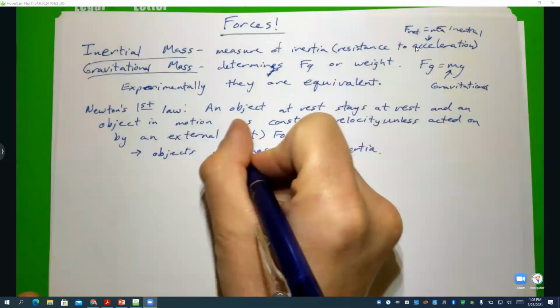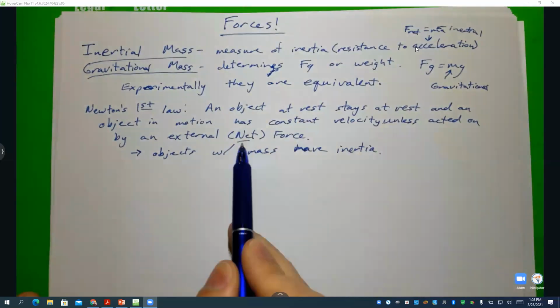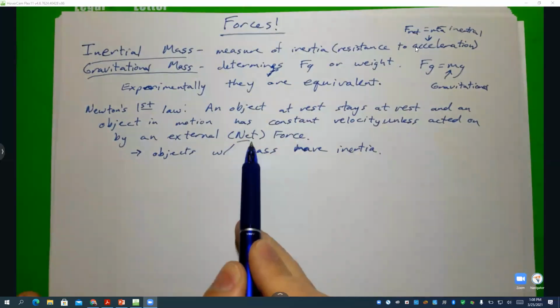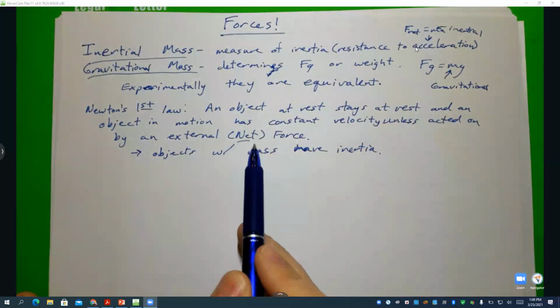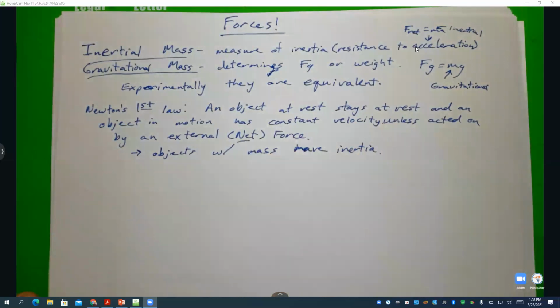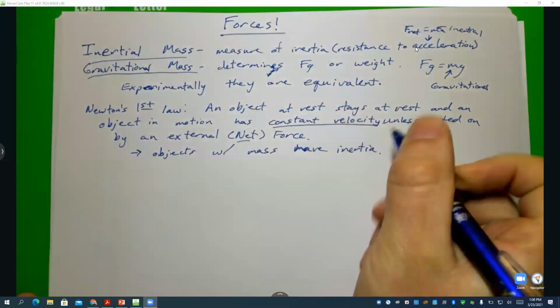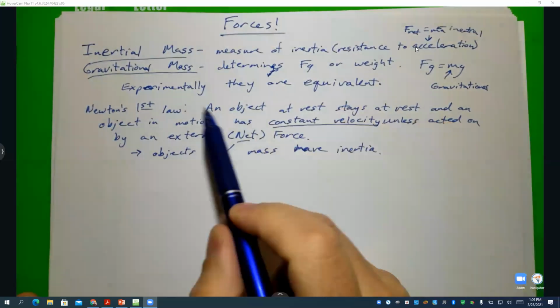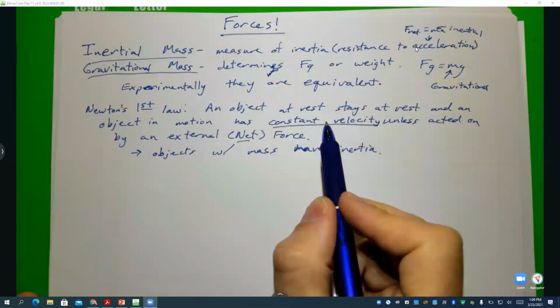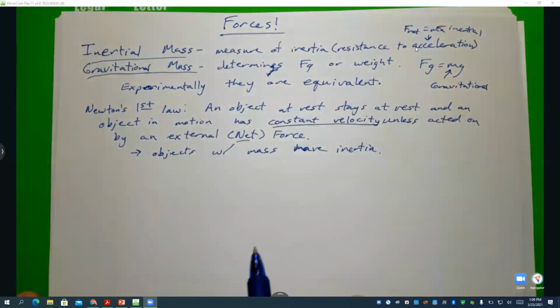Sometimes they'll ask about it, understanding that this is a net force, and that an object in motion will stay in motion really means that the object is going to have constant velocity unless a net force acts on it. So that's the first law.